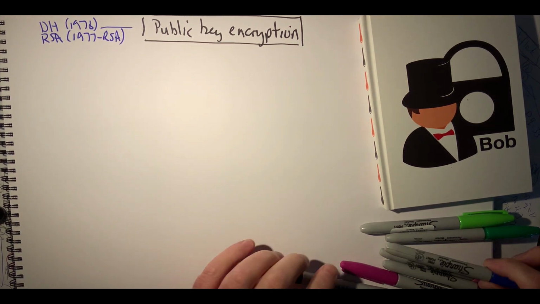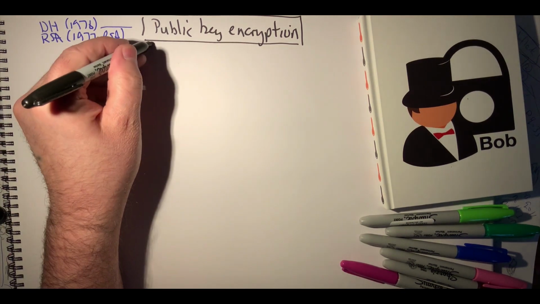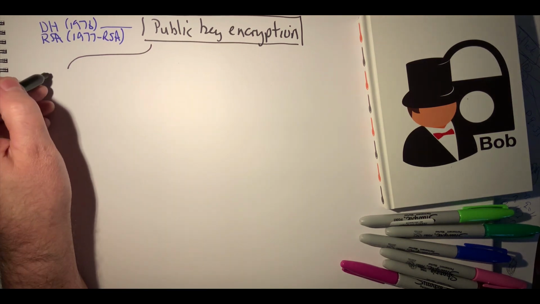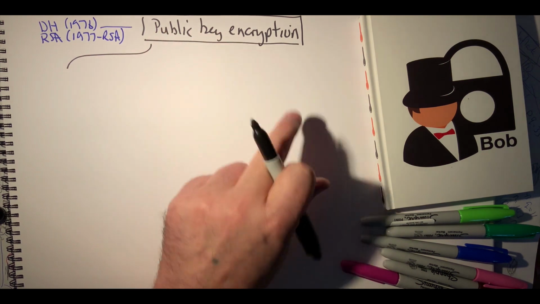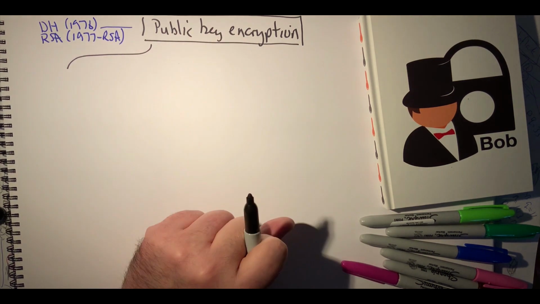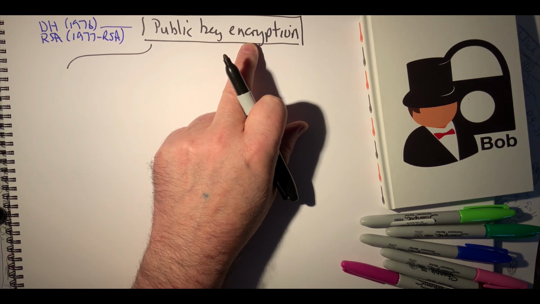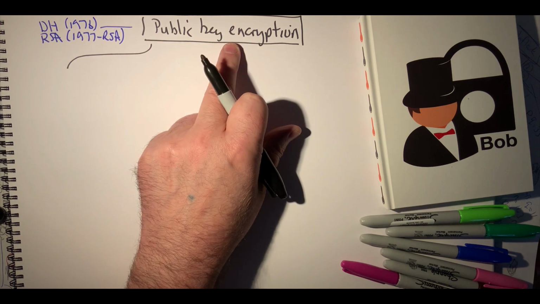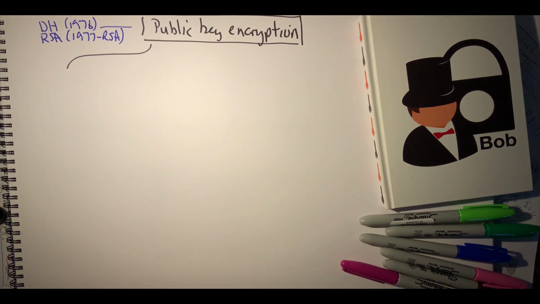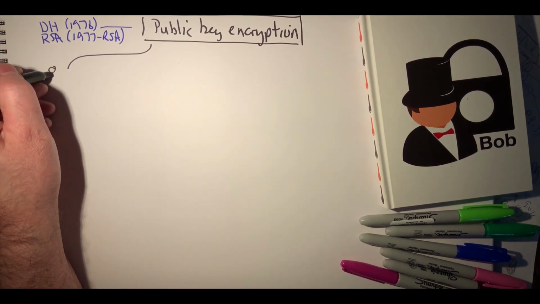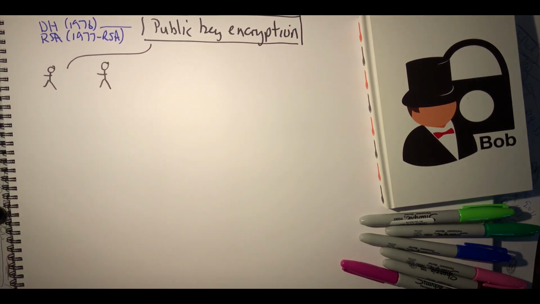So let's have a look at the main methods that we have for our public key encryption. Obviously, we have what's called a difficult problem to solve. If we don't have a secret, then we cannot solve the problem in a reasonable time. It's very expensive. But if we do have a secret, then it makes it fairly easy to solve the puzzle. So with public key encryption, we have a key pair.